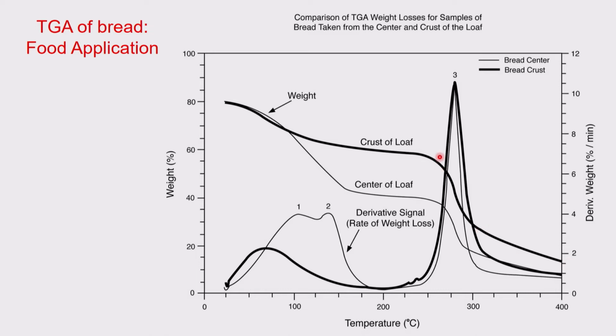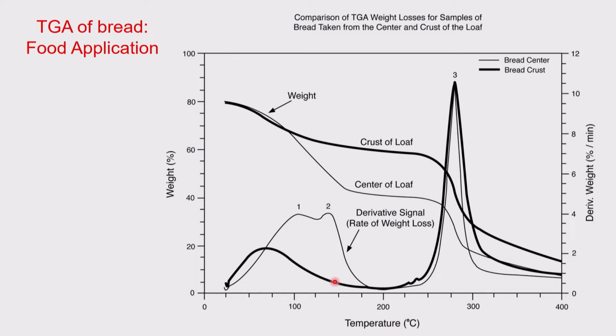So if you look at the interior portion of your bread, you can see that the weight loss is happening much faster than this, and by a larger amount. Okay, and then another major drop. So essentially, now if you take the dm by dt or dw by dt, you will find one very broad peak for the crust part of your bread, and then another one which is very close to both the things.